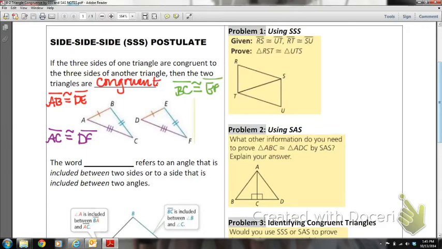So we can say that triangle ABC is congruent to triangle DEF because of the side-side-side postulate.